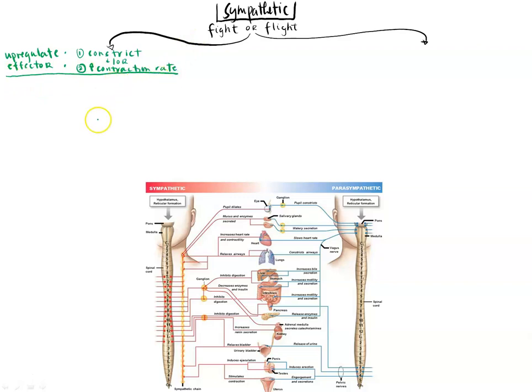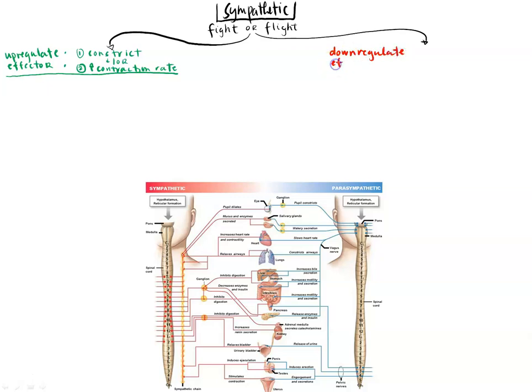Green means go. Now, downregulate, because remember, in order to sustain life, we have to turn things on and we have to be able to turn things off. So we have to be able to downregulate. I'm going to put it in red for stop. Downregulate.